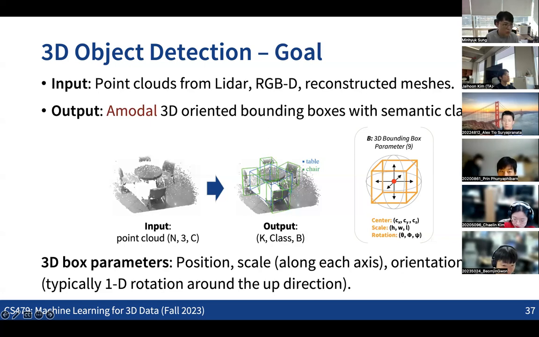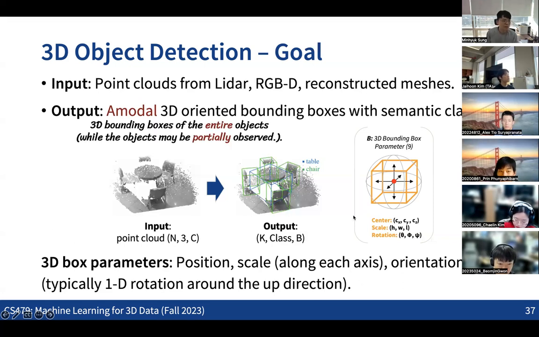Here we are also getting amodal 3D oriented bounding boxes. The meaning of amodal here is that while we might have a partial point cloud, we want the bounding boxes for the entire objects. When we scan real 3D scenes, there are many cases where we are missing some regions because of occlusions or issues with the depth sensors.